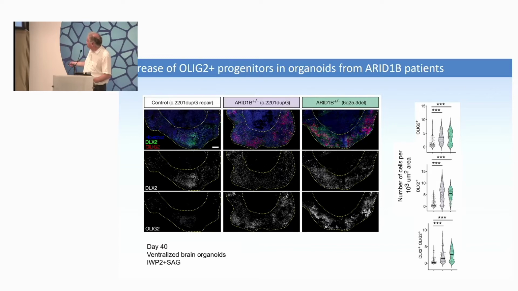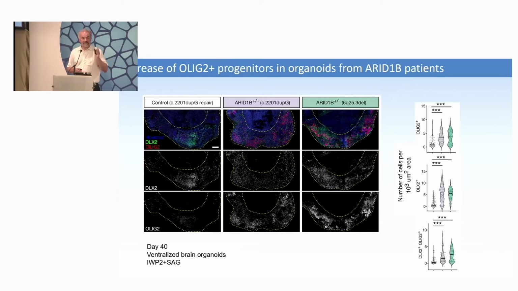And what you can see is that OLIG2, which is a marker for oligodendrocyte precursors, is very significantly upregulated in both of these patients. So number one, our organoid screen makes predictions that actually hold true in real patients. And number two, ARID1B is required for progression along the interneuron lineage, and in its absence, there is a higher likelihood to become oligodendrocyte precursors.